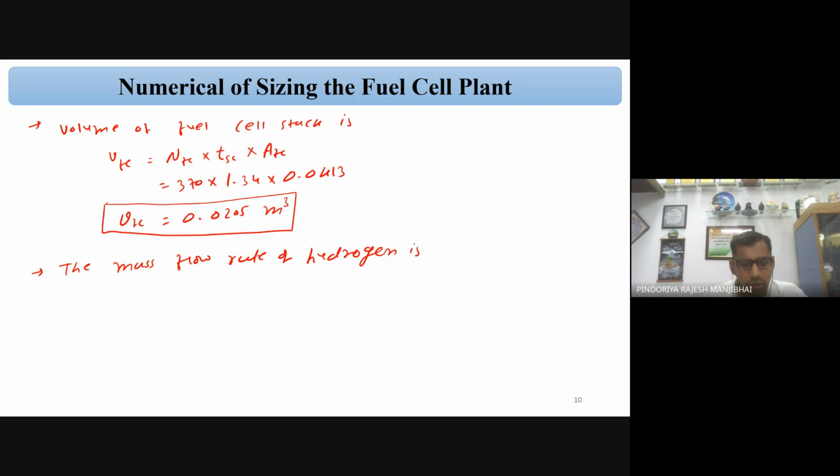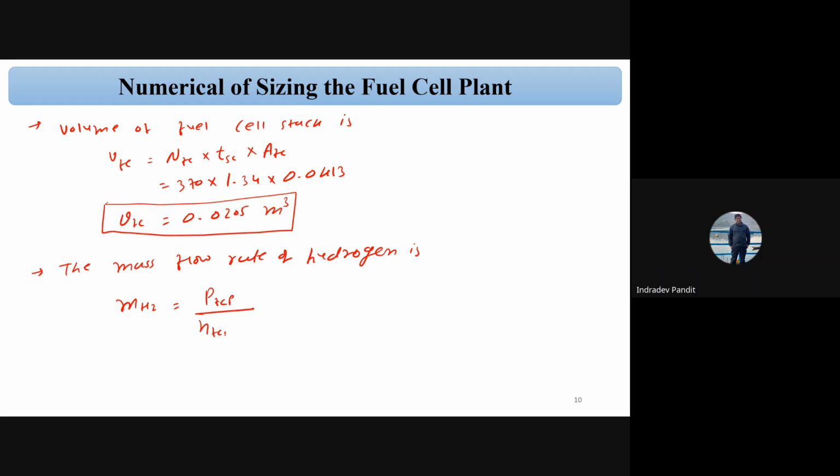So the formula is most important. Please remember the formula for all the sizing of the fuel cell.